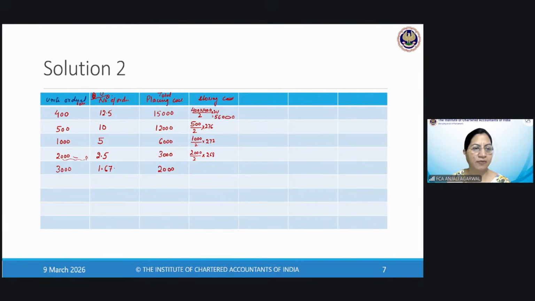So in this entire period, on an average, you will be holding 1000 units. If you order 3000, your stock falls from 3000 to 0, so on an average, you have 1500 units. So this will be your storage cost.